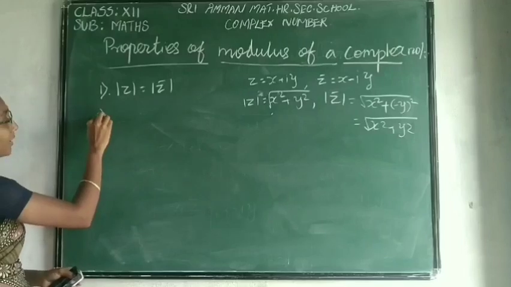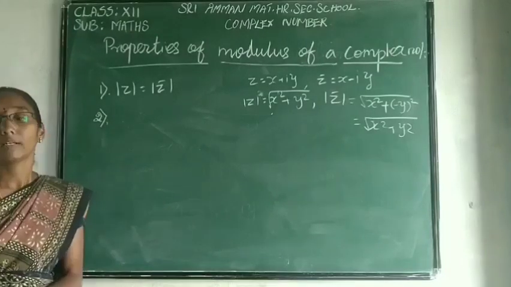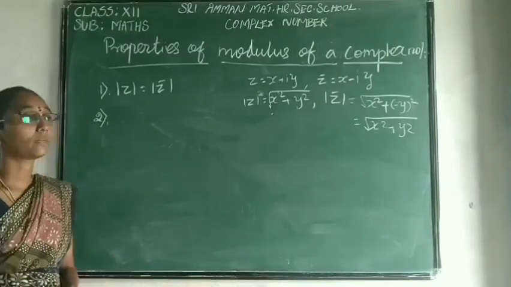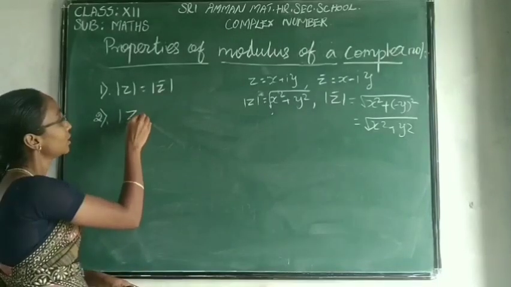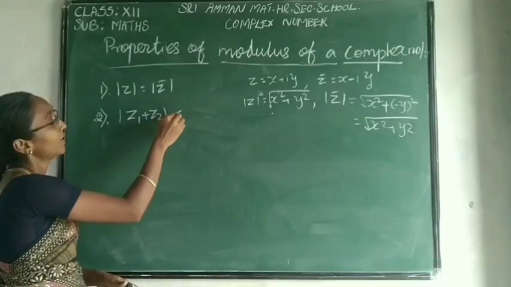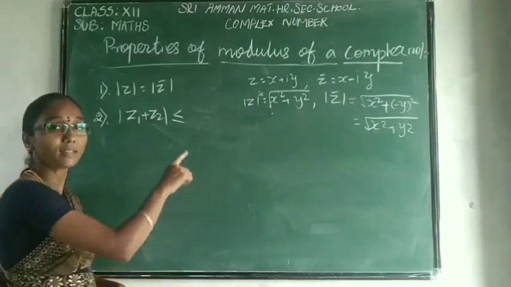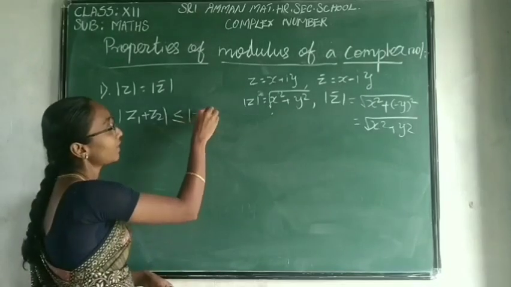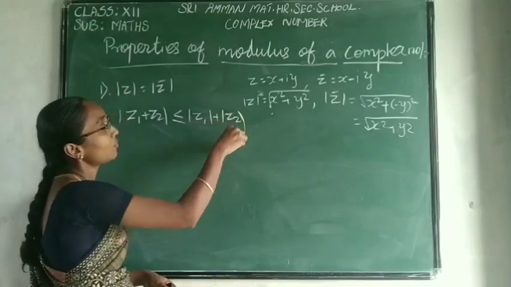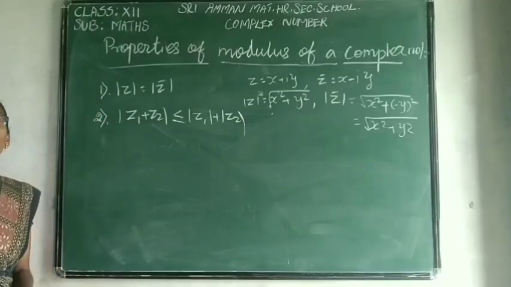And then the second one: modulus of z1 plus z2 is less than or equal to modulus of z1 plus modulus of z2.